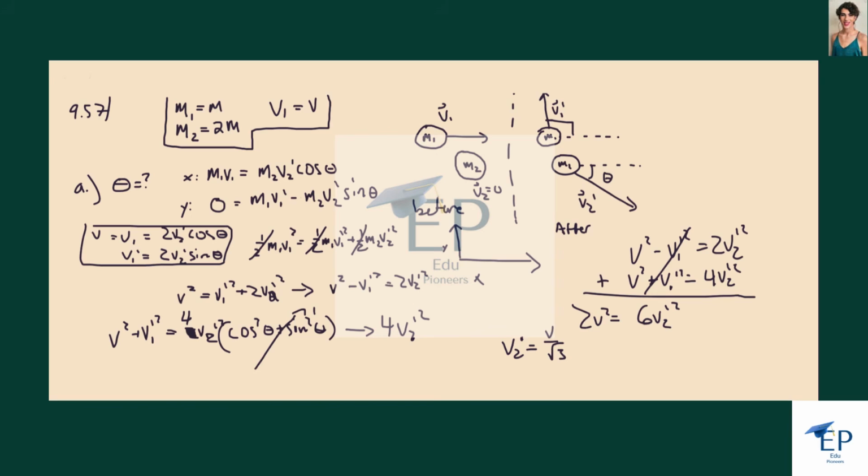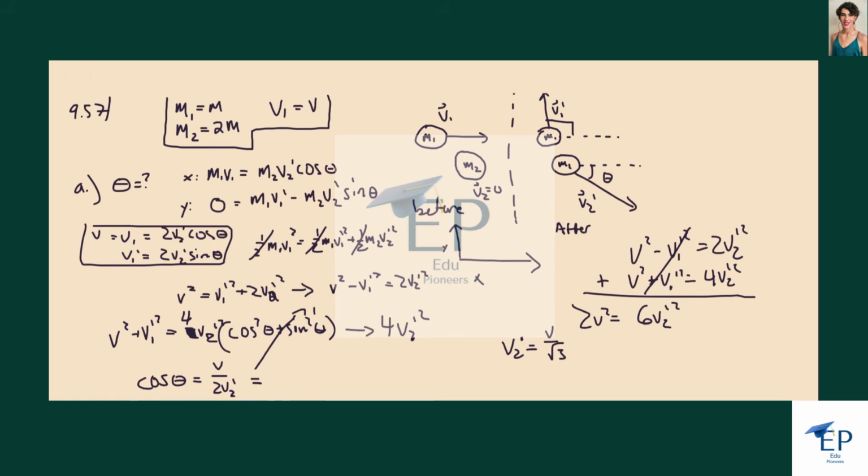Amazing. So this is where we wanted to get to. From here, how do we find what we want? Well, using trig, we know that cos theta is going to be given as v over 2 v2 prime.